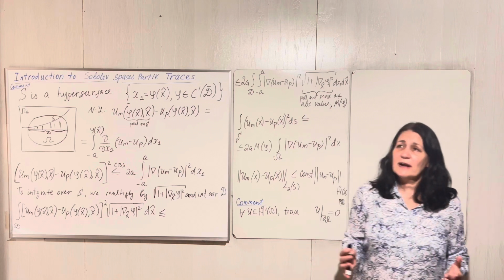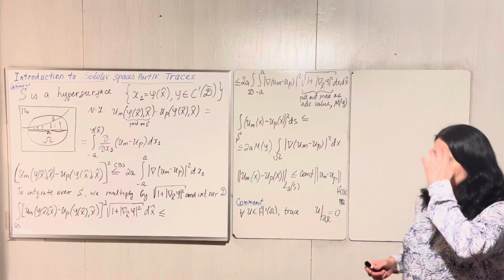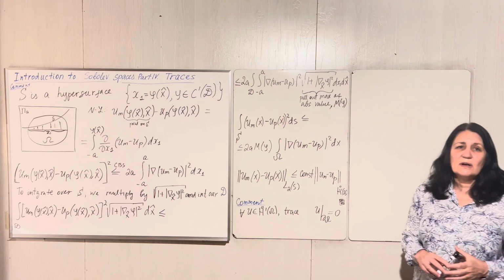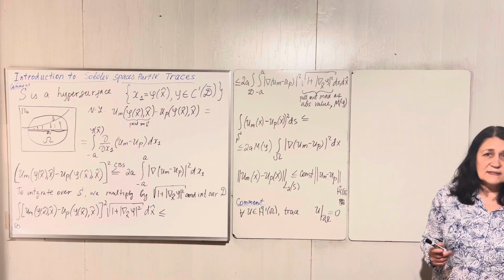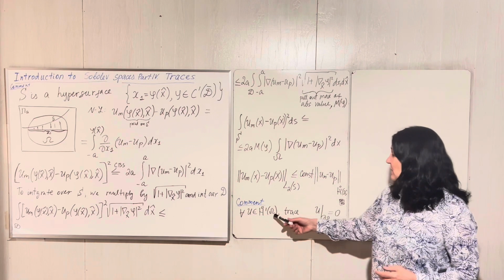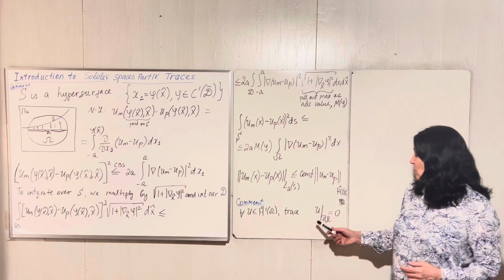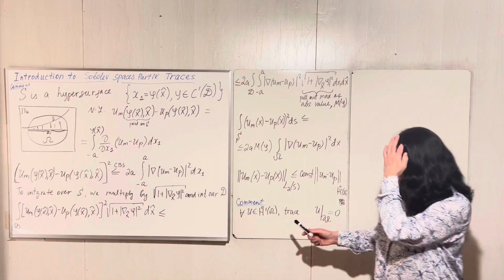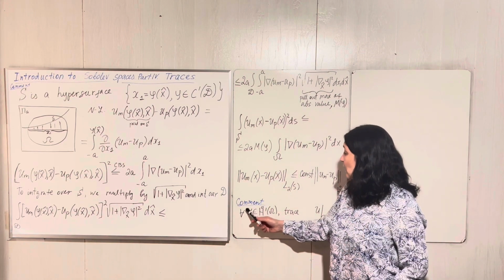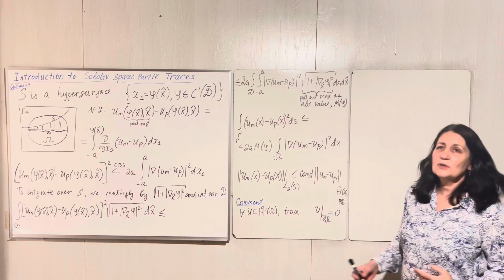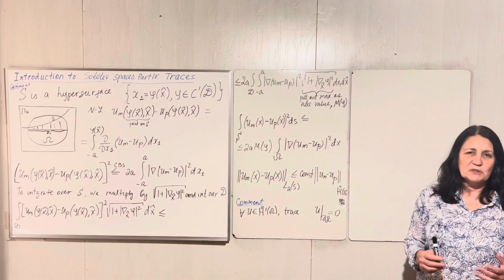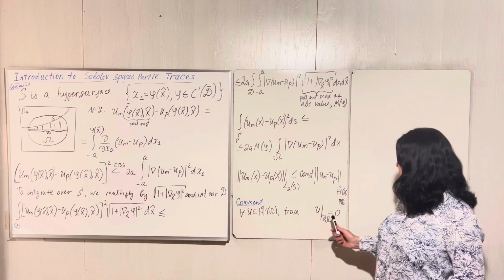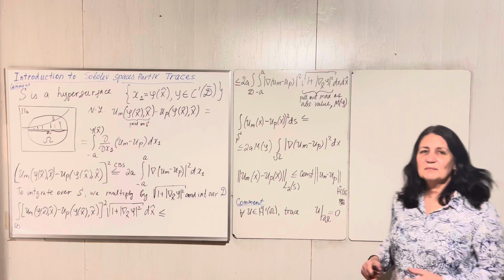And now, having this in mind, we can describe another property of the space H10, because for any function in H10, the trace on its boundary will be 0. Indeed, we can think of function u as the limit of a sequence of functions from C0 infinity, and all of them have 0 value on the boundary.